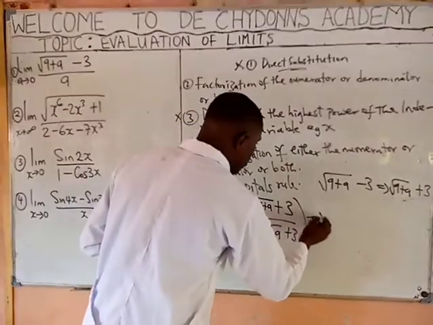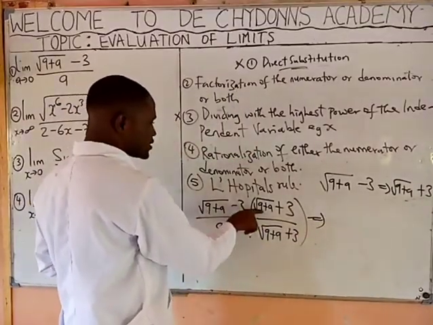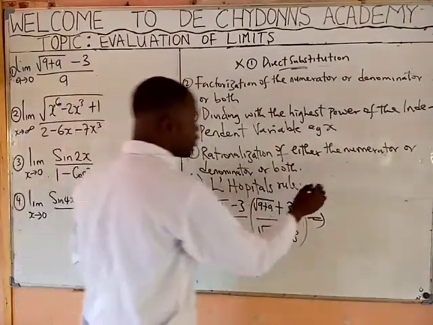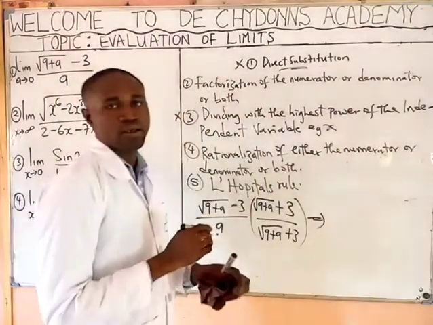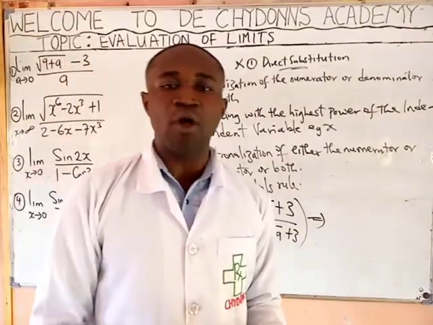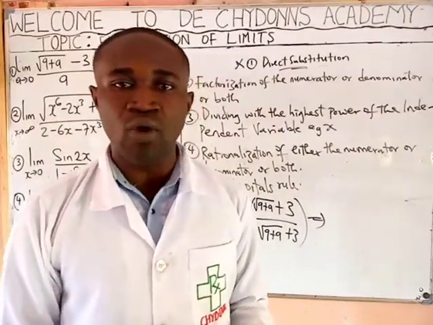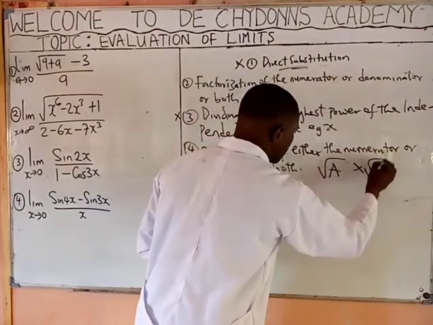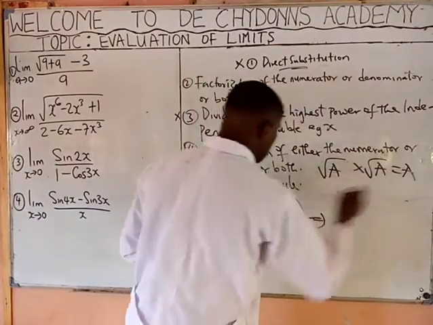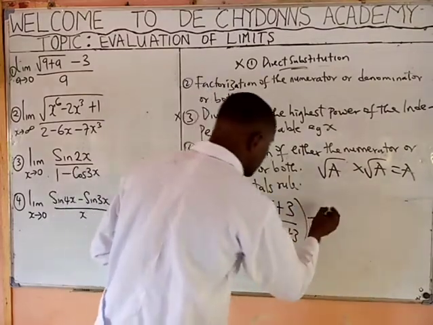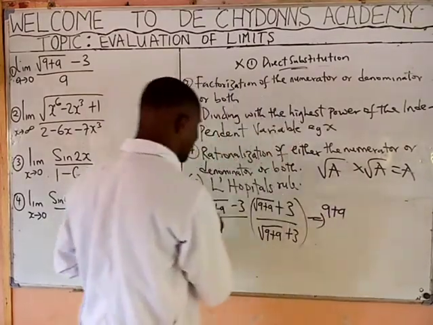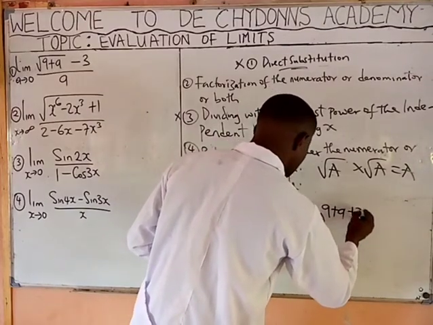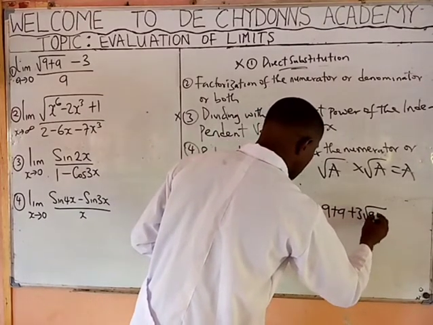Now multiplying, we will be having this times this. Square root of 9 plus a times square root of 9 plus a will give us 9 plus a. How do we know? Square root of a times square root of a will give you a. This times this will give you plus 3 root 9 plus a.